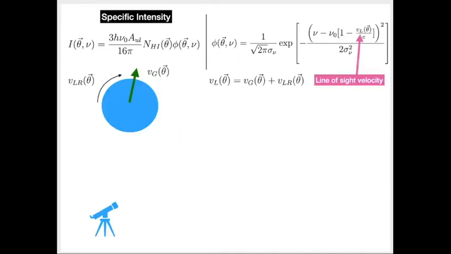Well, what is V_L? The line of sight component of the velocity of the H1 cloud. It has 2 components. Now the H1 cloud from which the emission is coming, of which this is the specific intensity, is a part of a galaxy. So it's a part of a galactic disk, which I have drawn with this cartoon.